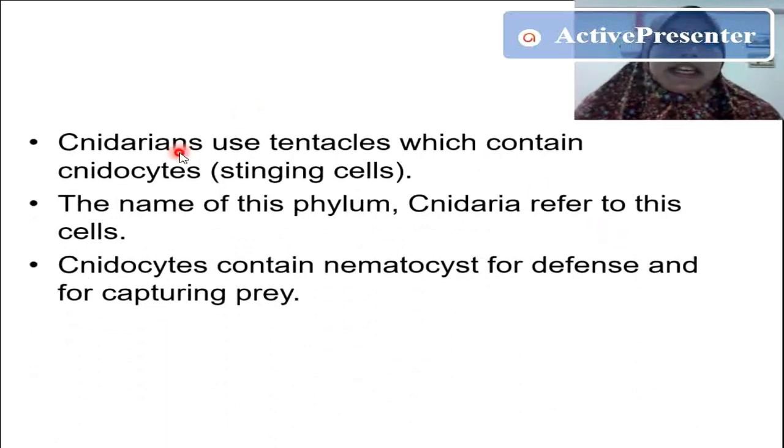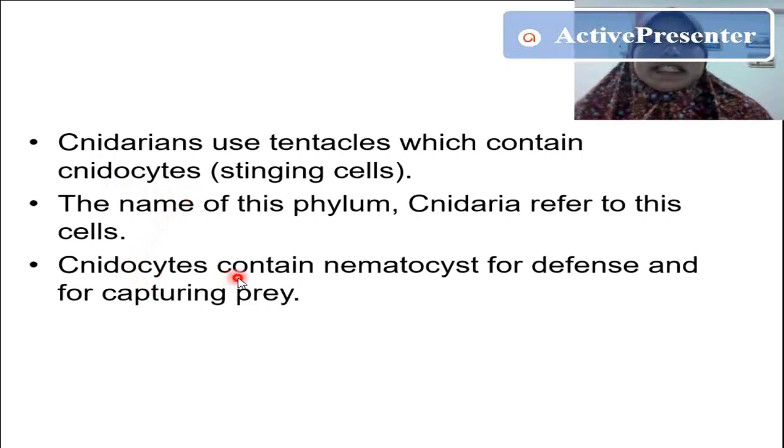Cnidarians have tentacles, as you can see from the picture. The tentacles contain cnidocytes. What is a cnidocyte? A cnidocyte is a stinging cell. The phylum name Cnidaria actually refers to this cell, the cnidocyte, the stinging cell.